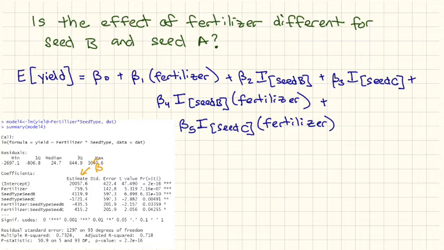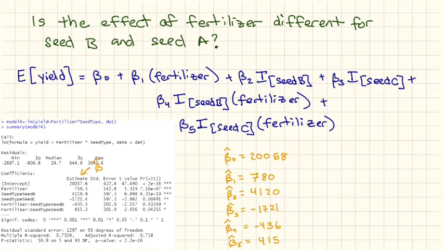You can see here in the output, I have my estimated betas for this model. The last 2, you'll notice, it says fertilizer : seed type, seed B. So those are the interaction terms.